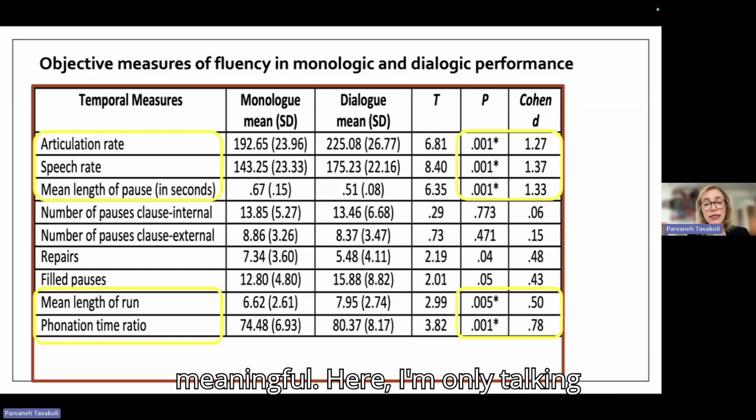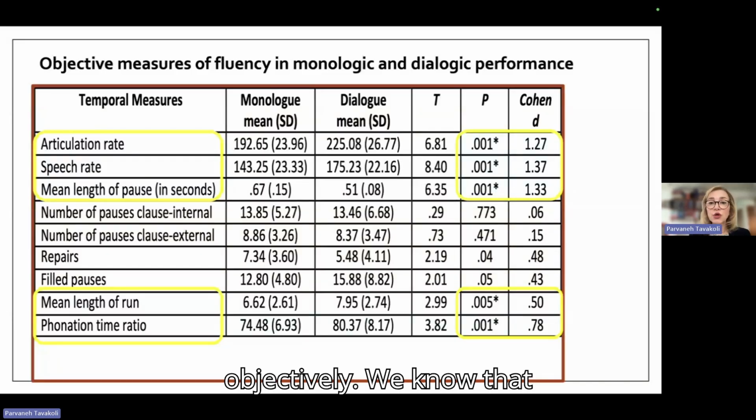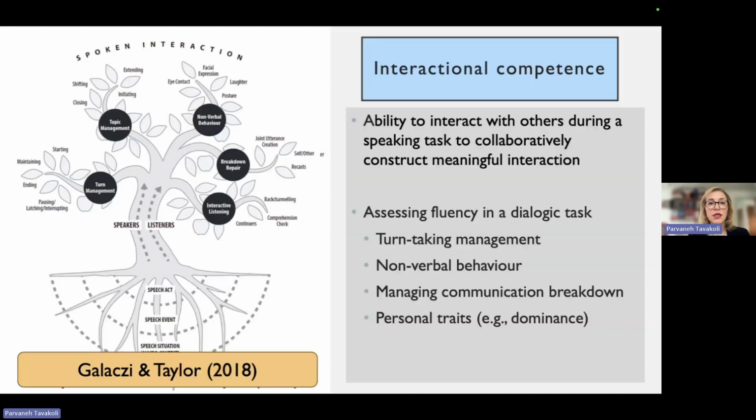Here, I'm only talking about those aspects of fluency that can be measured objectively. We know that fluency, and speaking altogether, is not all about these objectively measured aspects.